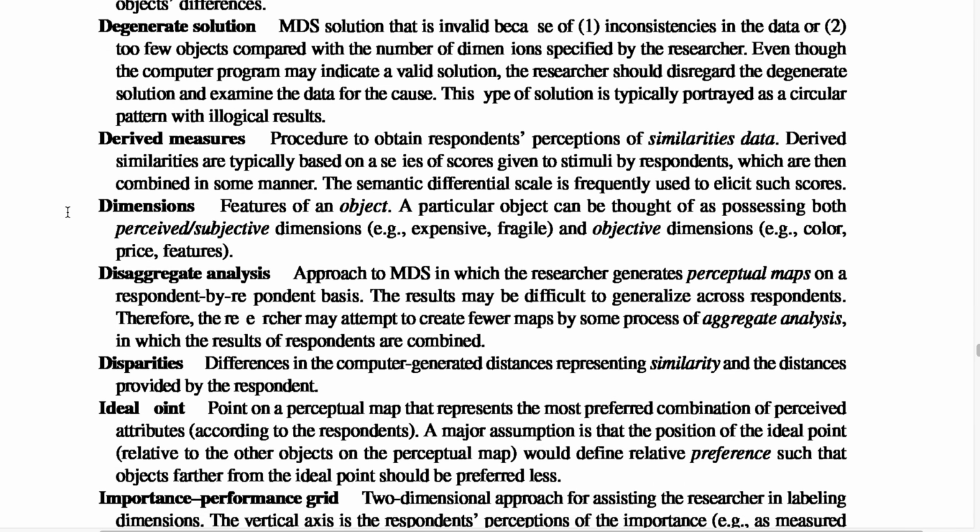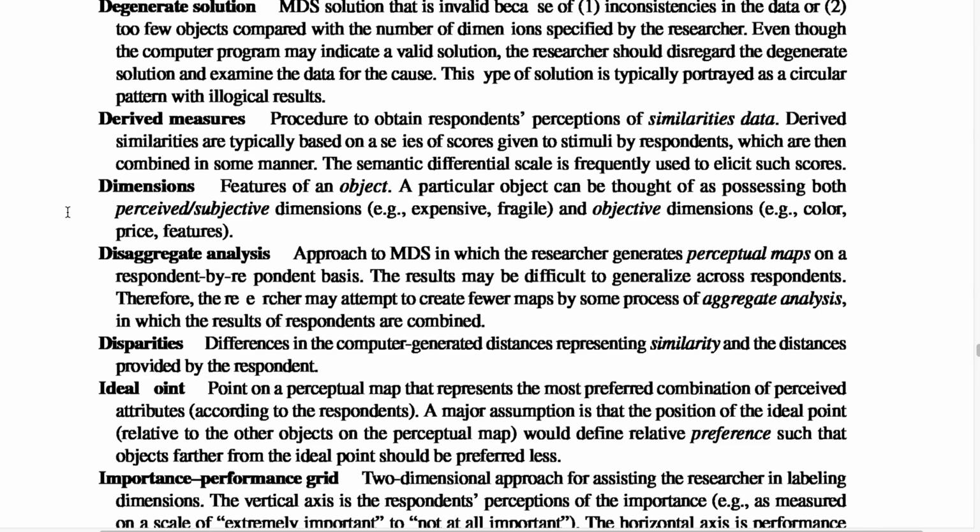Derived measures. A procedure to obtain respondent perceptions of similarities. Derived similarities are typically based on a set of scores given to stimuli by respondents, which are then combined in some manner.